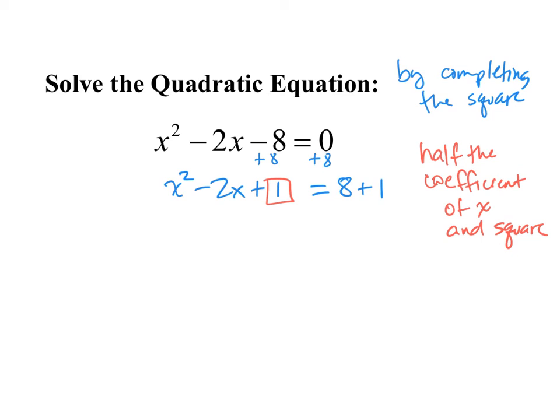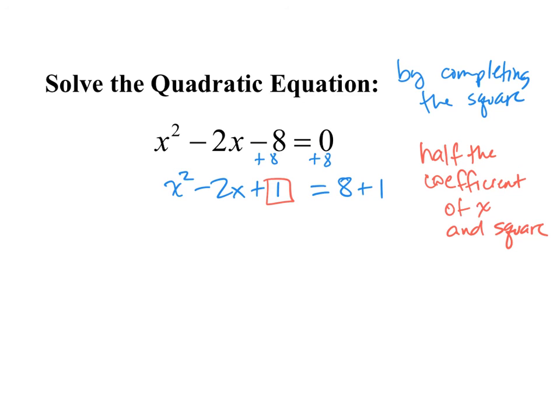Okay, so once again, the coefficient of x is -2, half of -2 is -1, and -1 squared, -1 times -1, is +1. And then just a reminder again, if I add 1 to the left side, make sure you add 1 to the right side. That way the left side is still equal to the right side.